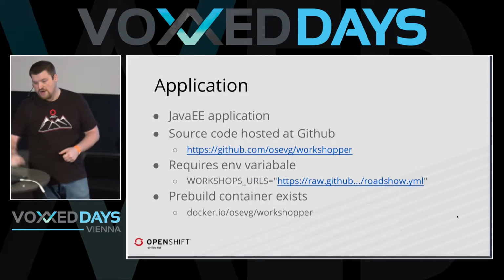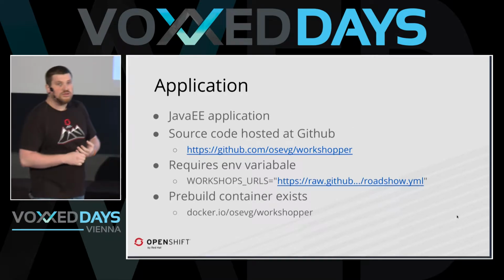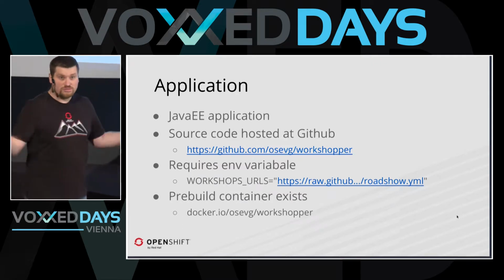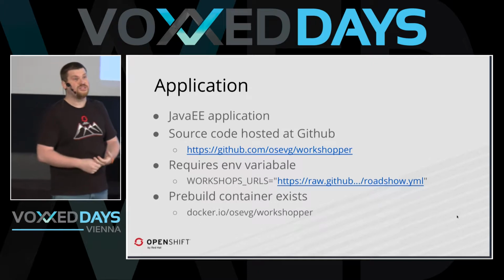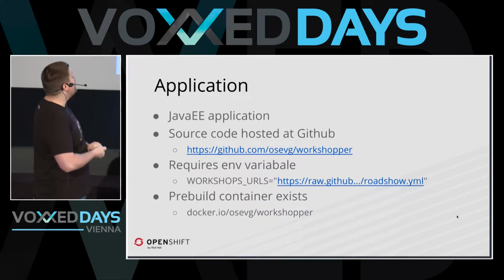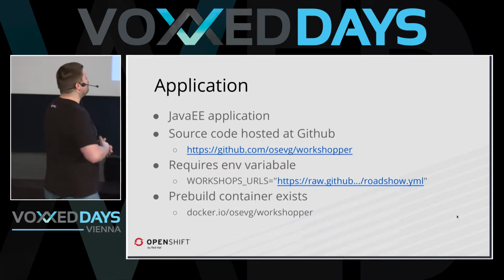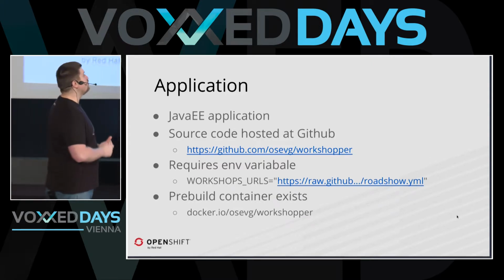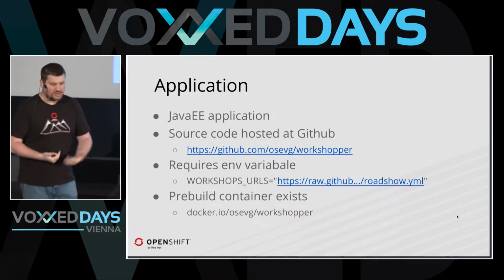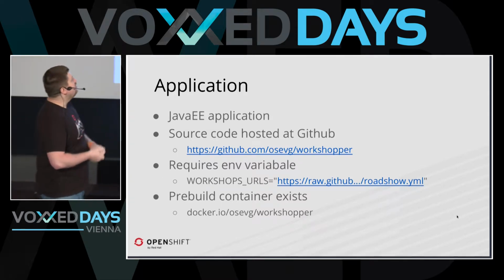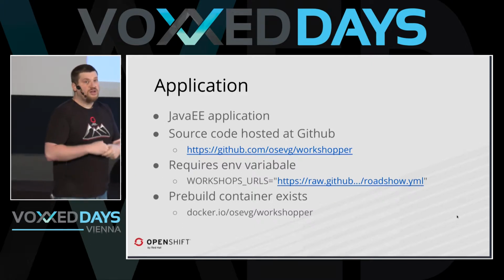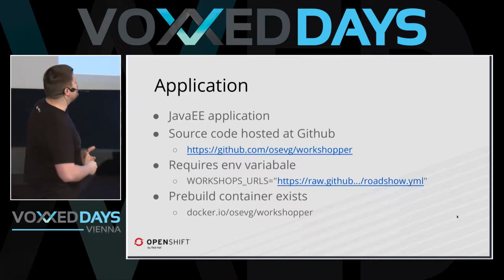And we will also use an application. My application is written in Java EE because this is a Java conference, or at least it started as a Java conference. The source code is hosted on GitHub, and we will be using the source code as well. To spin up the application, we will need one environment variable that points to a YAML file that describes what the application should do.